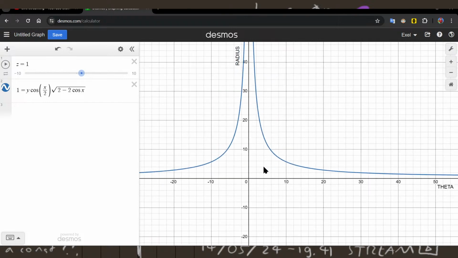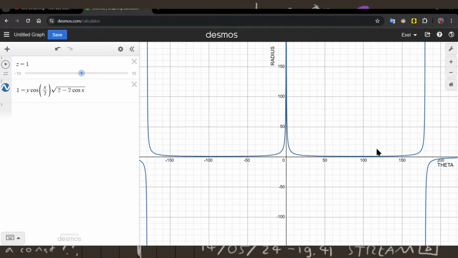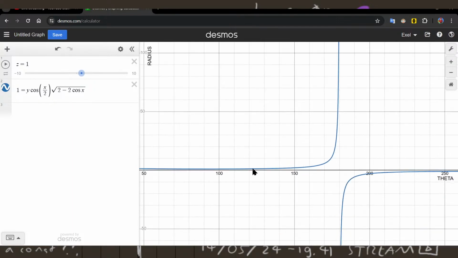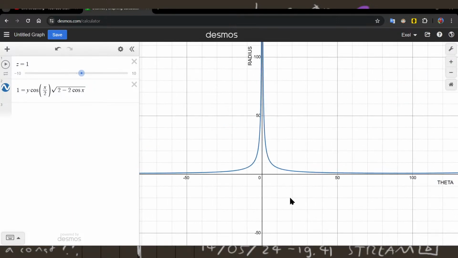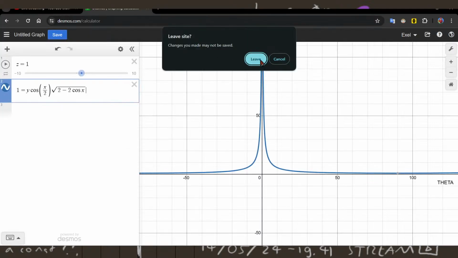Honestly, I don't know. I assume it's right. Whoa, wait, there's something more here. That is 180. Okay, so it's doing something. I don't know what it is, but anyway. Wow. Well, it works. It totally works now. I think I just gotta plug this into whatever.